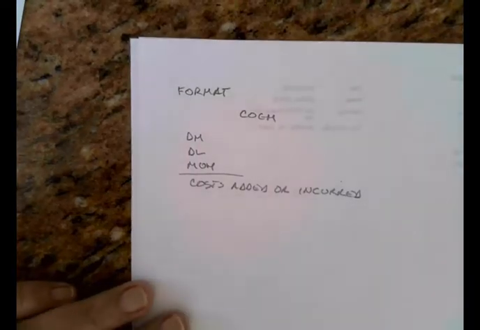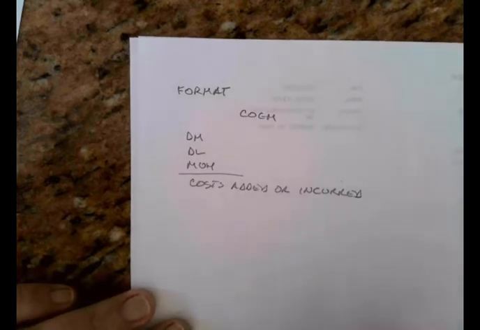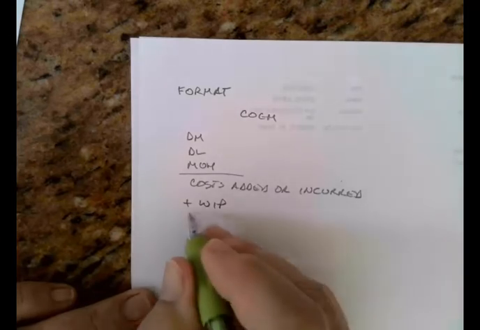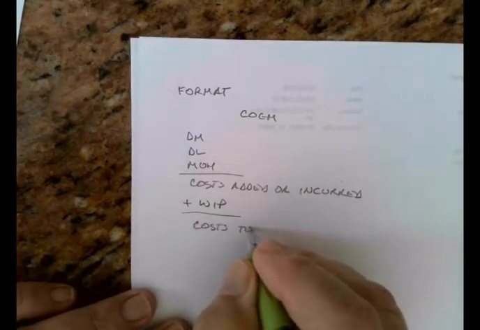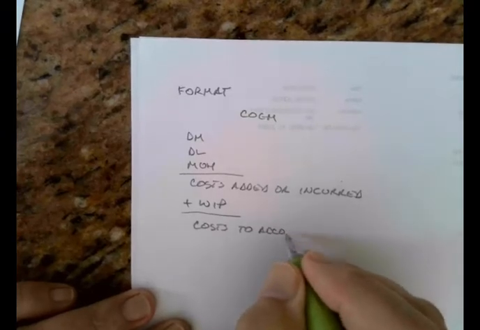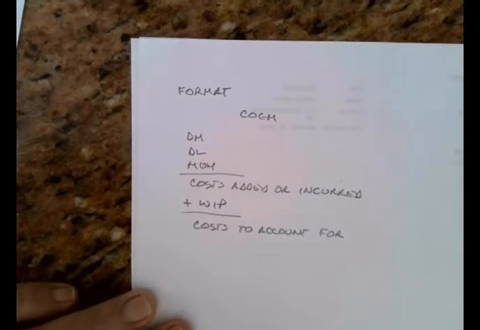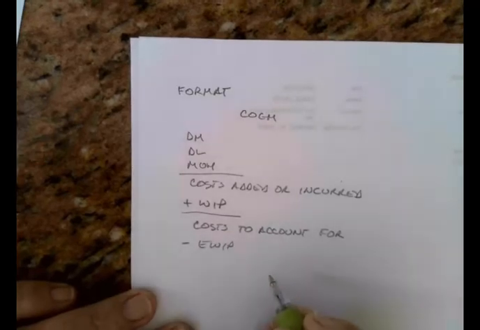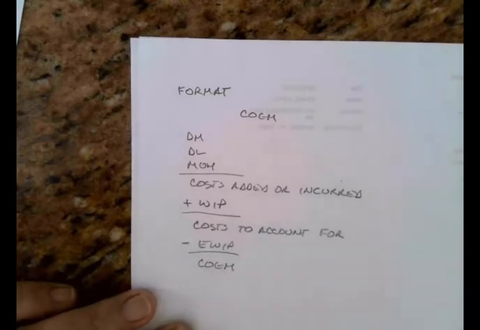You can't leave numbers hanging out there. They've got to have actual names. So costs added or incurred. To that, we're going to add work in process. And that gives us costs to account for. Once we've got costs to account for, we can subtract ending work in process, EWIP, and that gives us cost of goods manufactured.